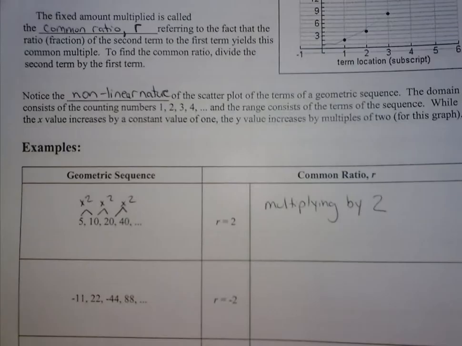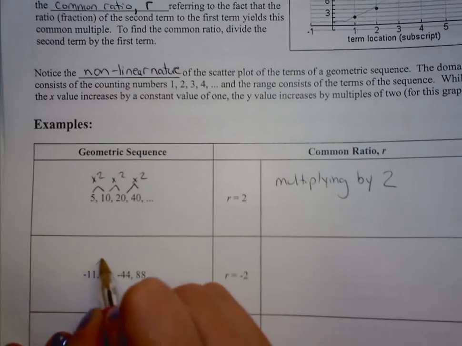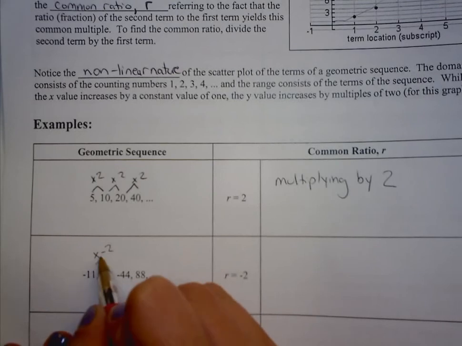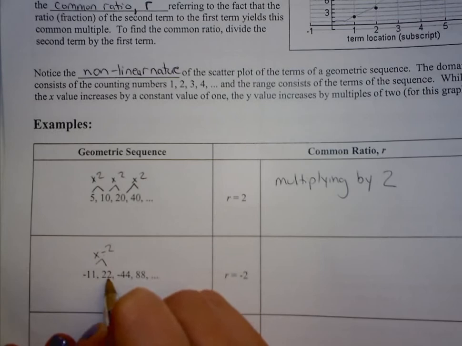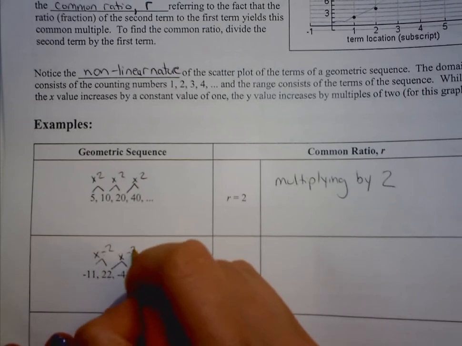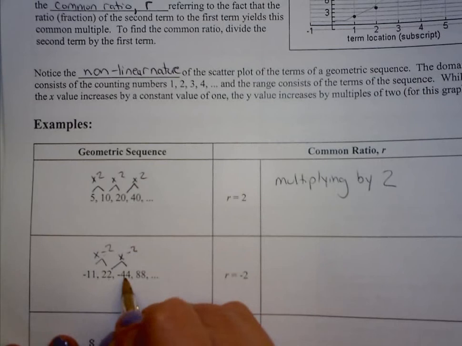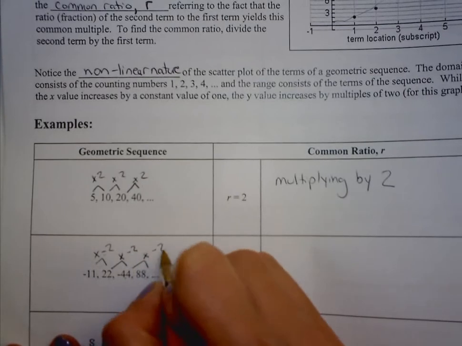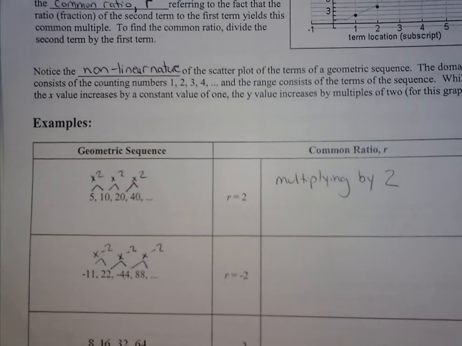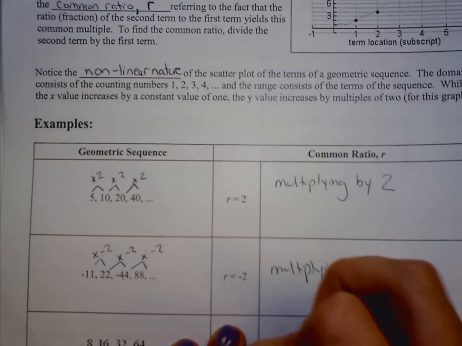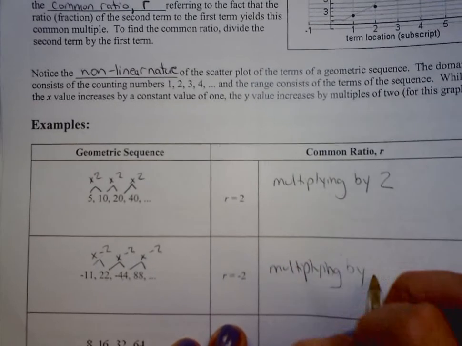Looking at this example, I'm multiplying by a negative 2. Negative 11 times negative 2 gives me 22. 22 times negative 2 gives me negative 44. Negative 44 times negative 2 gives me positive 88. So in this one, I'm multiplying by a negative 2.